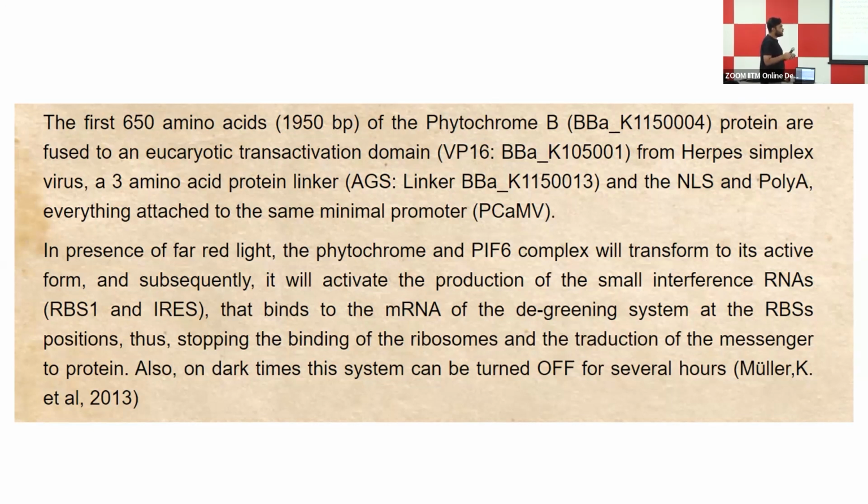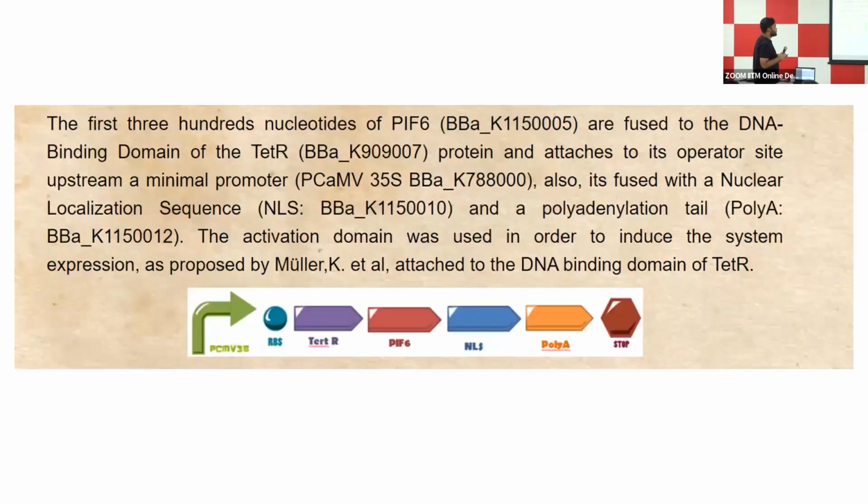And these interfering RNAs will bind to the degreening system and trigger the system. So this is basically the switch we are using, but of course, we are not using the degreening system that has been outlined here. We will be using it for something else. We don't have the data for whatever else we might be using this for, whatever drug we want to be producing. So I have left that part out.